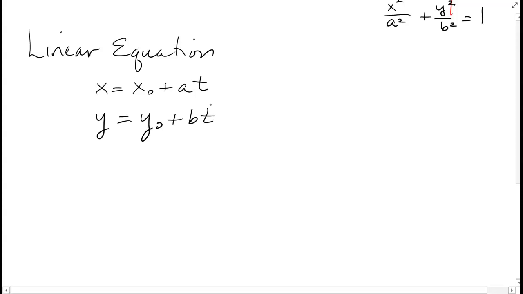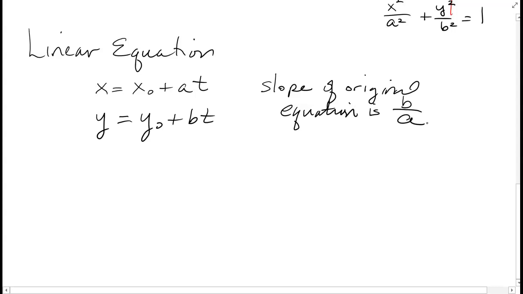So the a and the b actually come from the slope. So if the slope of the original equation is b over a, now think about that. b is the change in y, so it makes sense that it's part of the y equation of your parametric, and a is the change in the x value, so it makes sense a is part of the x equation.